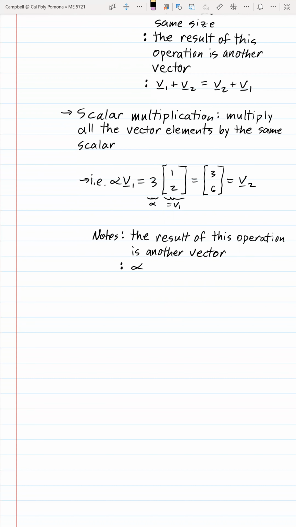And since it doesn't matter whether I multiply 1 by 3 or 3 by 1, same thing with 2 and 3, I can multiply 3 by 2 or 2 by 3. It doesn't matter the order in which we write the quantities associated with this scalar multiplication. So we can have alpha times v1 or v1 times alpha.